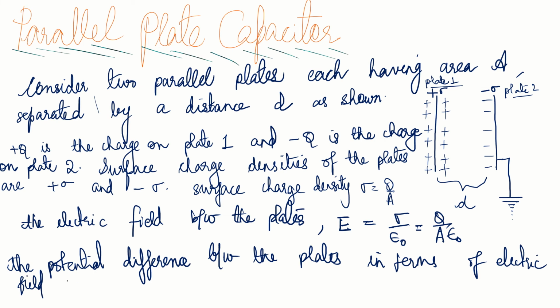V will be E into D, where E is the electric field and D is the distance. Electric field is Q by A epsilon naught. So Q by A epsilon naught into D. So QD by A epsilon naught will be the potential difference V between the plates.